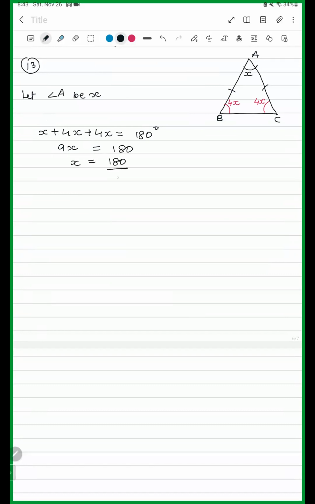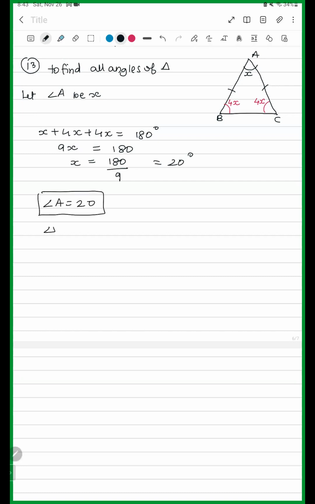And then we will divide, and we get 20. Very good. So x is equal to 20. So now angle A is 20, but we need to find the other two angles also.